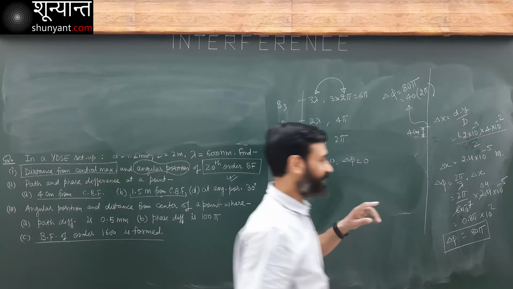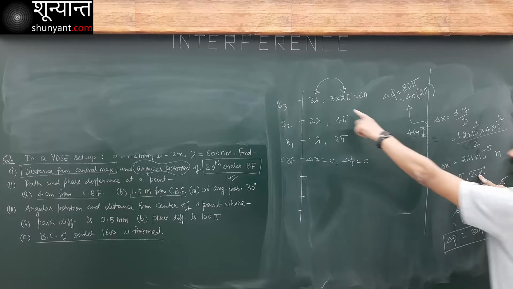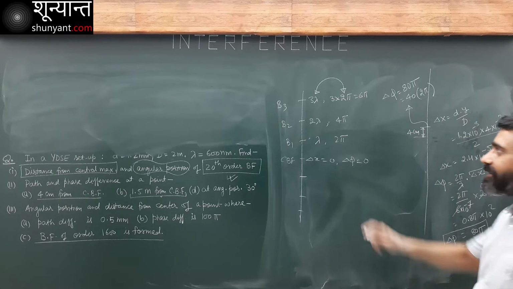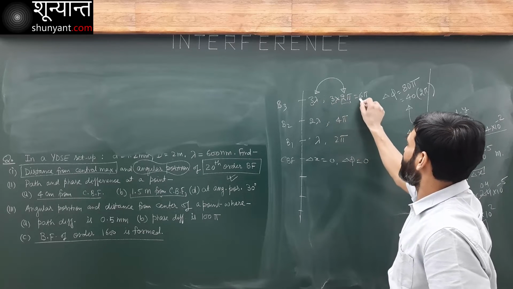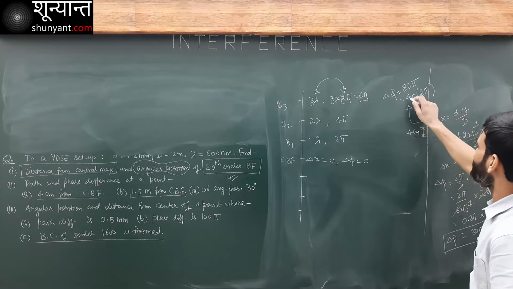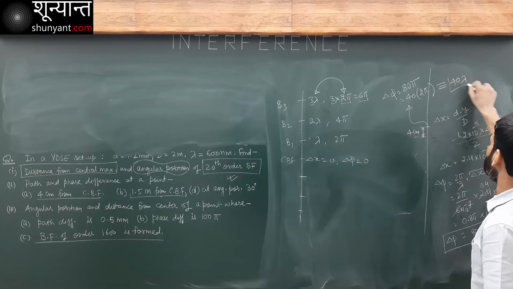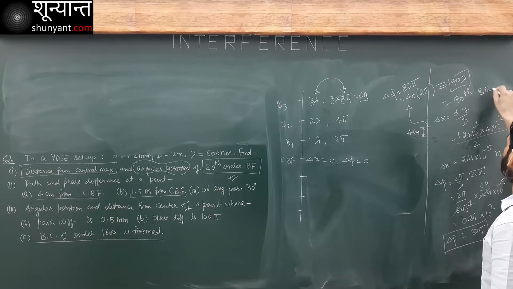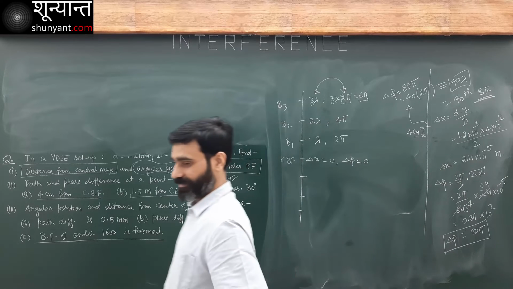So if the path difference is 3 lambda, then phase difference will be 3 times 2 pi, it becomes 6 pi. That means this will be equivalent to 40 times lambda. That means 40th bright fringe.